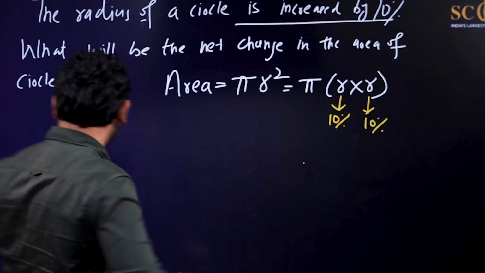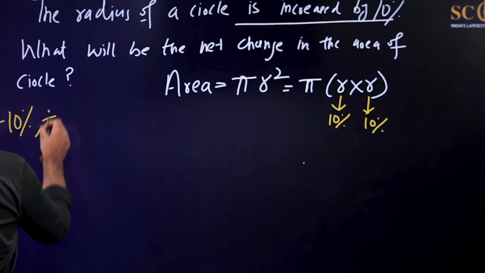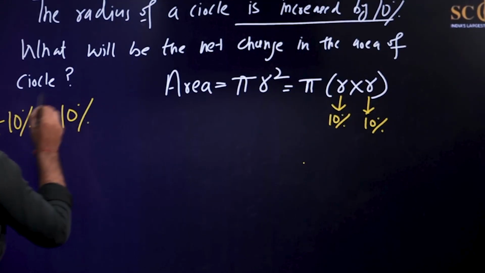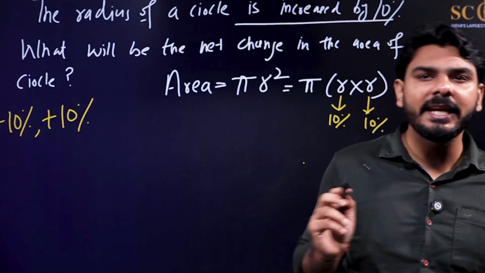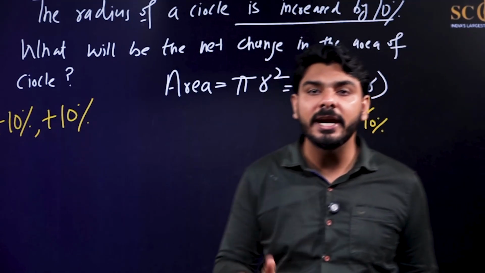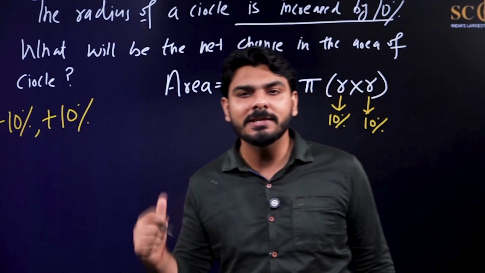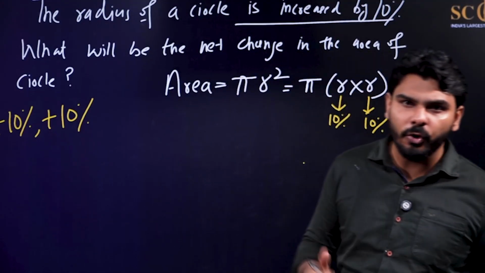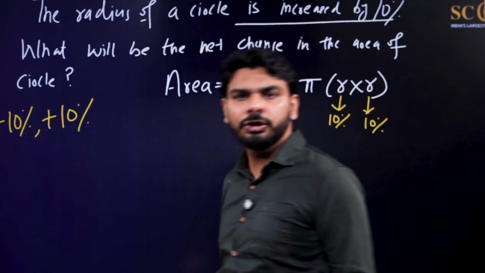First radius is increased by 10%, second radius is increased by 10%. You have to find the net area change, similar to net change, which we have already studied. We already know the formula x plus y plus xy by 100. We can use that formula for finding the answer of this question.